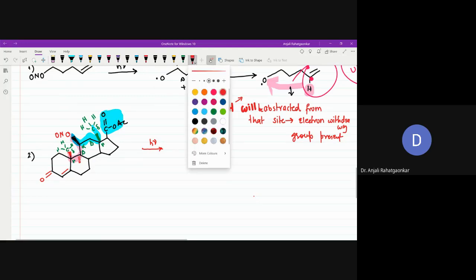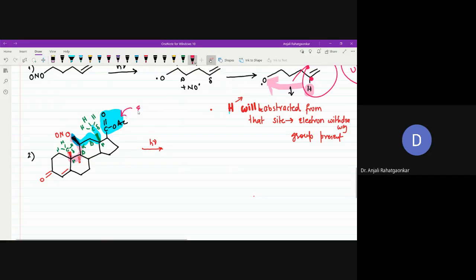All right, now this is an electron withdrawing zone, ये पूरा जोन ही है। यहाँ पर एक ऑक्सीजन है, ये एक ऑक्सीजन है, तो काफी इलेक्ट्रॉन विड्रॉइंग जोन यहाँ पर तैयार हो गया, और इसके इमीडिएट बाजू में हाइड्रोजन है। तो नियम बोल रहा है कि H will be abstracted from that site where the electron withdrawing group is present, or nearby also we can say that.